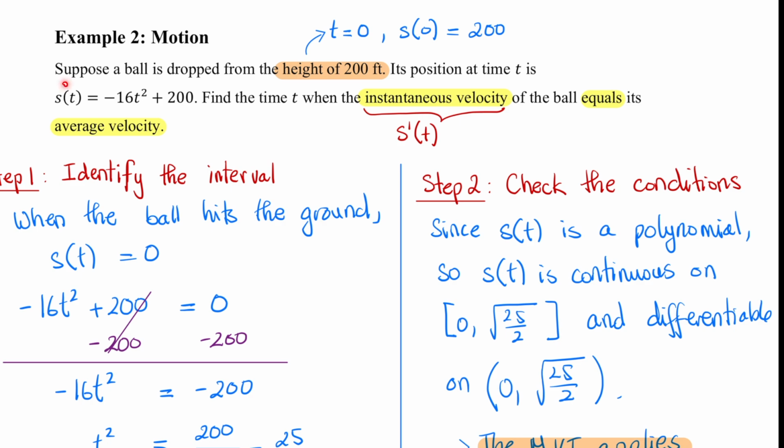Since s of t is negative 16t squared plus 200, s of square root of 25 over 2 equals negative 16 times square root of 25 over 2 squared plus 200.